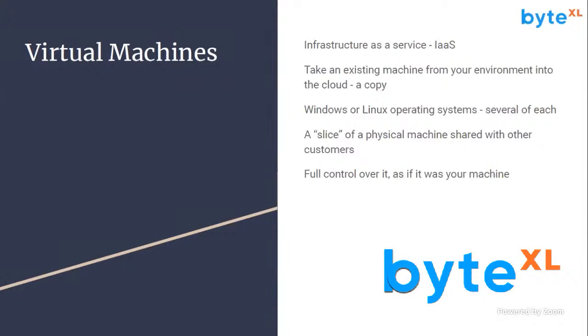So a virtual machine is what we call an Azure virtual machine. You can create and use virtual machines in the cloud. What does a virtual machine actually provide? Virtual machines provide infrastructure as a service in the form of a virtualized server, and it can be used in many different ways.